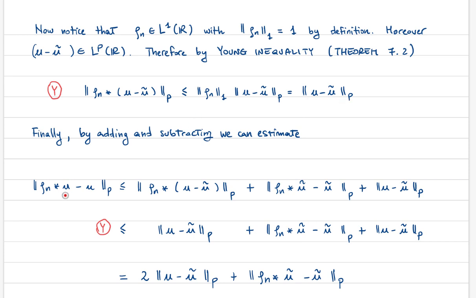Okay, so now by the usual adding and subtracting, we start with the quantity we want to show is small. So this is rho n convolved with u minus u, where u was our original function in LP. Then this is less or equal than rho n convolved with this difference, plus rho n convolved with u tilde minus u tilde, plus u minus u tilde.